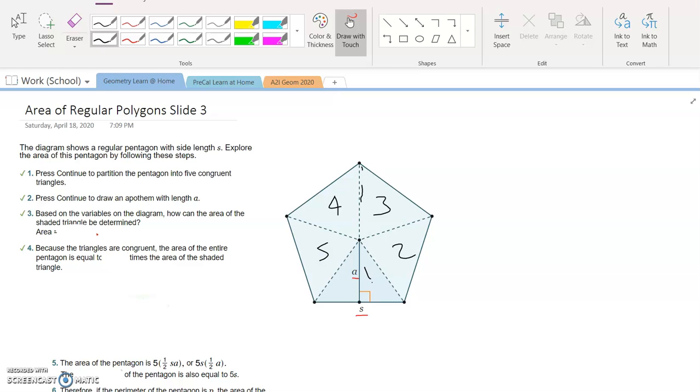So it should be 5 times the area of one triangle. If we can find the area of this triangle, just multiply it by 5. So 5 times the area of the triangle, or 5 times 1/2 SA. Okay, so the 5 is what we plugged in on that one.